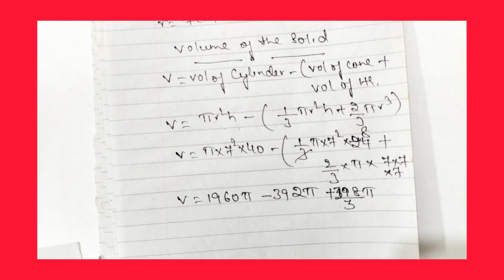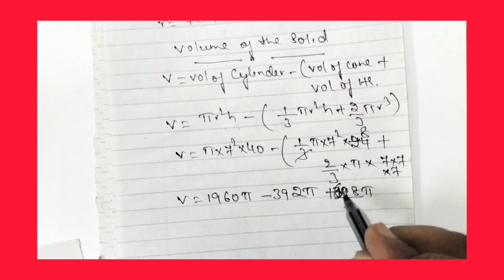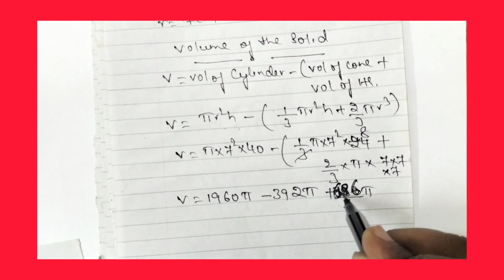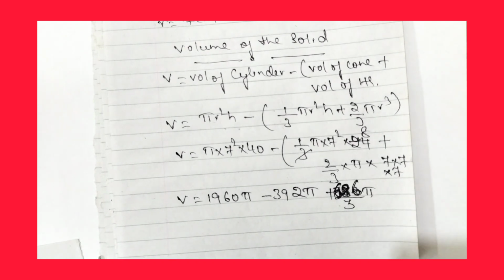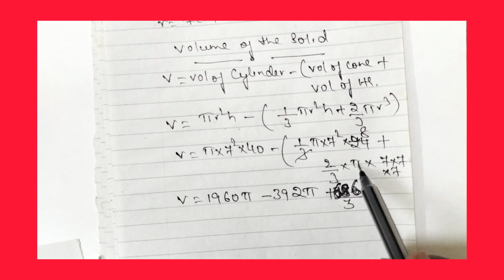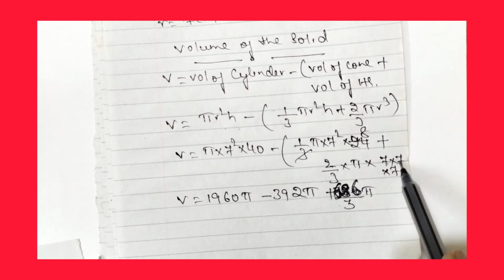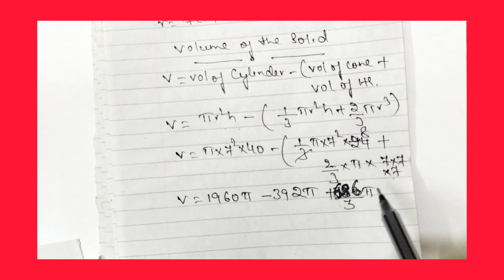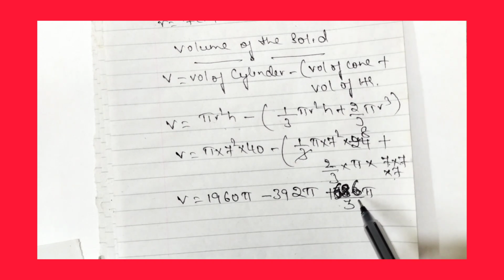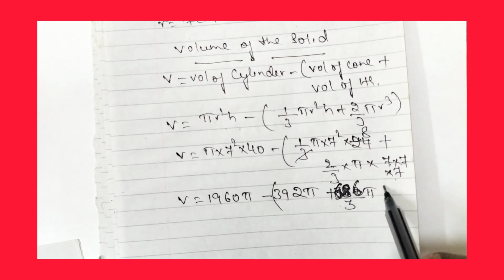So it will become 686 pi. So 2 pi I have written like that. 2 sevens are 14, 14 sevens are 98, 98 sevens become 686. So 686 is done. Then this one you put in a bracket.